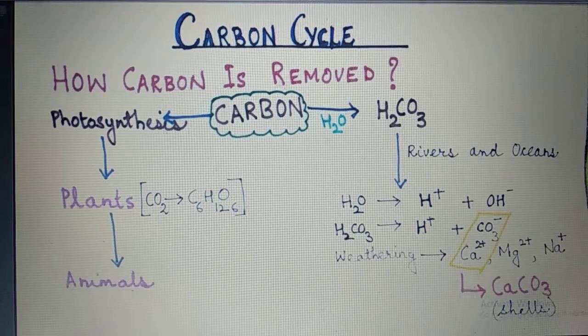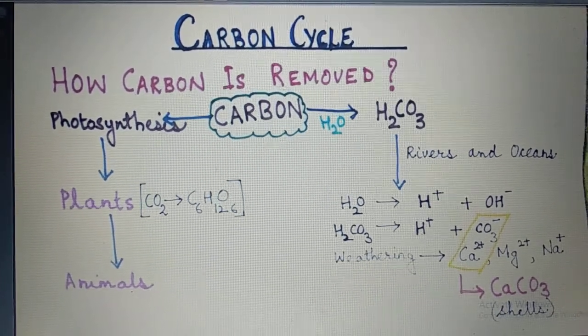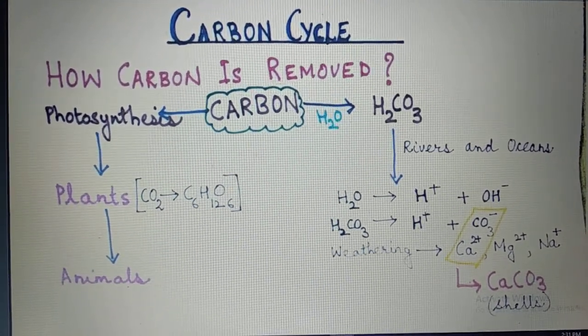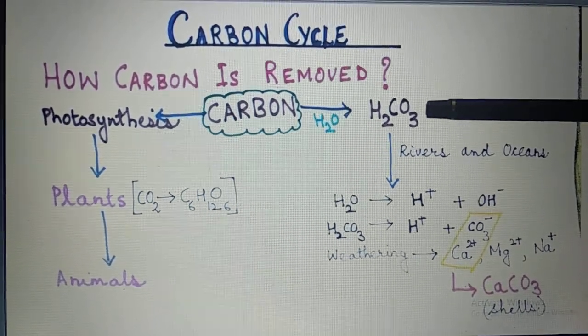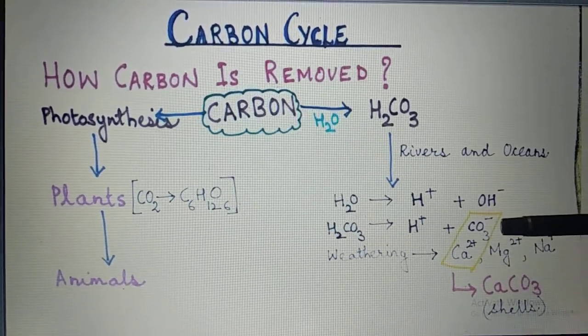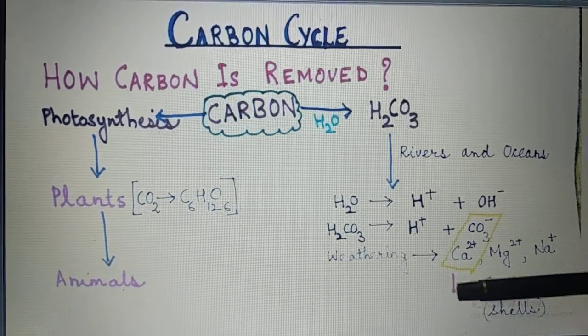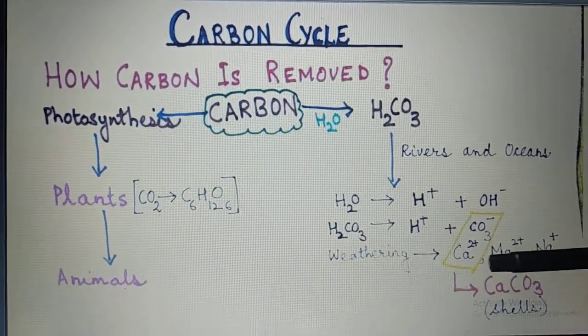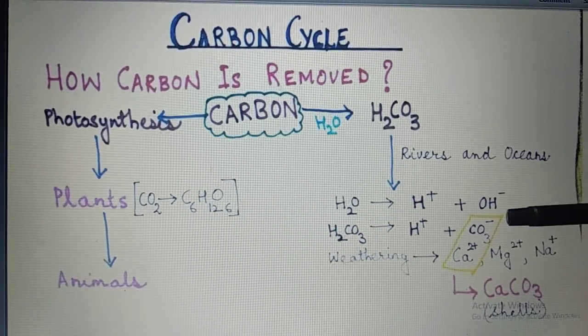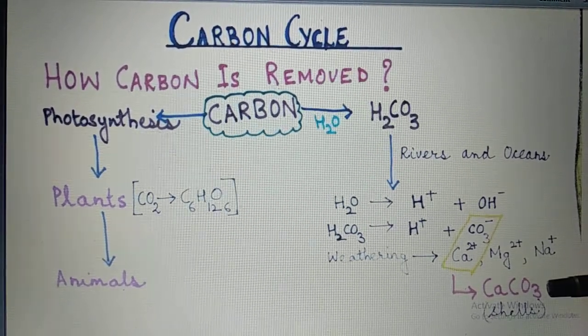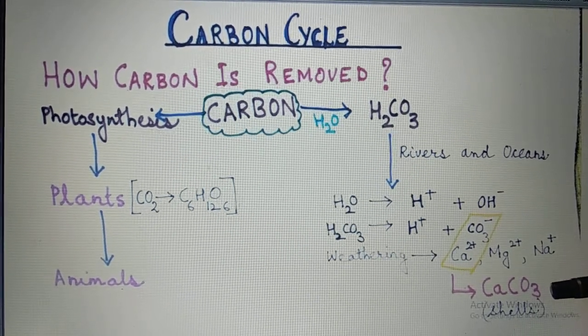All these minerals are also washed away with the rains, and they get deposited inside the water. And when the carbonic acid dissociates and the carbonate is released here, from the weathering of the rocks you are getting these salts. Here the calcium and the carbonate will combine together to give a substance called calcium carbonate.